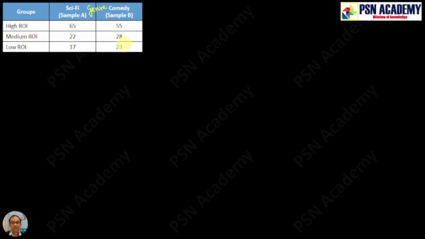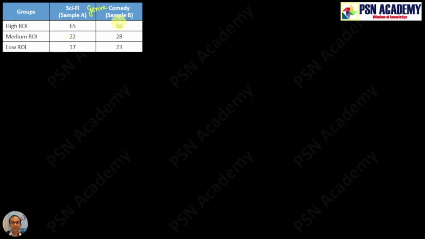Now, these are the data we have got. We can see that 65 sci-fi movies gave you high ROI, 22 sci-fi movies gave you medium ROI, and 17 sci-fi movies gave you low ROI.